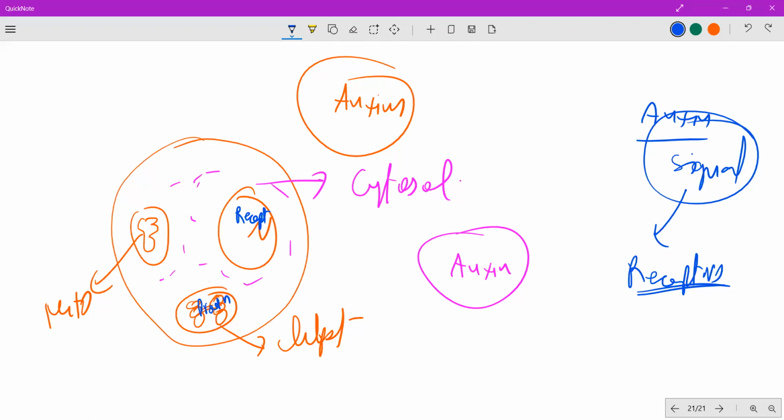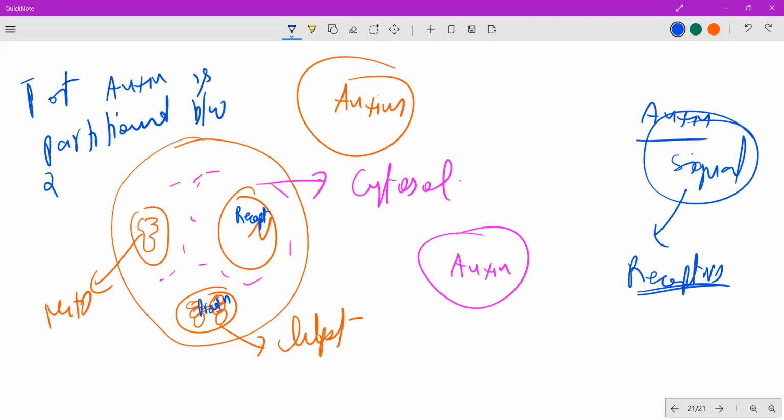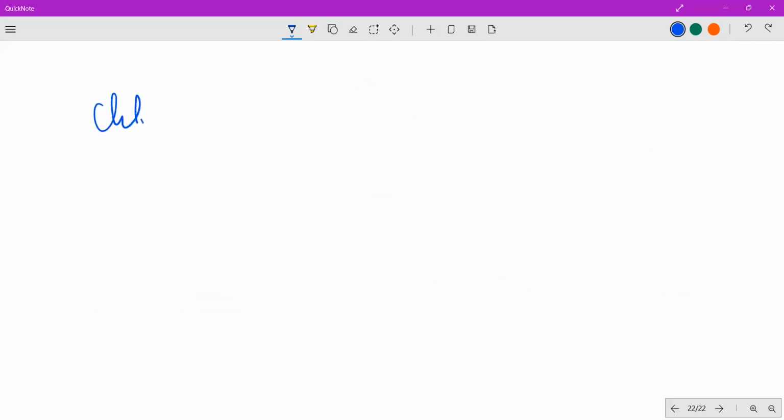आपको पता है, लेट मी टेल यू, इफ यू लुक एट अ प्लांट सेल, वी सी कि ऑक्सिन is partitioned between two compartments. The presence of auxin is partitioned between two compartments. आपको पता है जो क्लोरोप्लास्ट है, क्लोरोप्लास्ट only has 33% auxin.